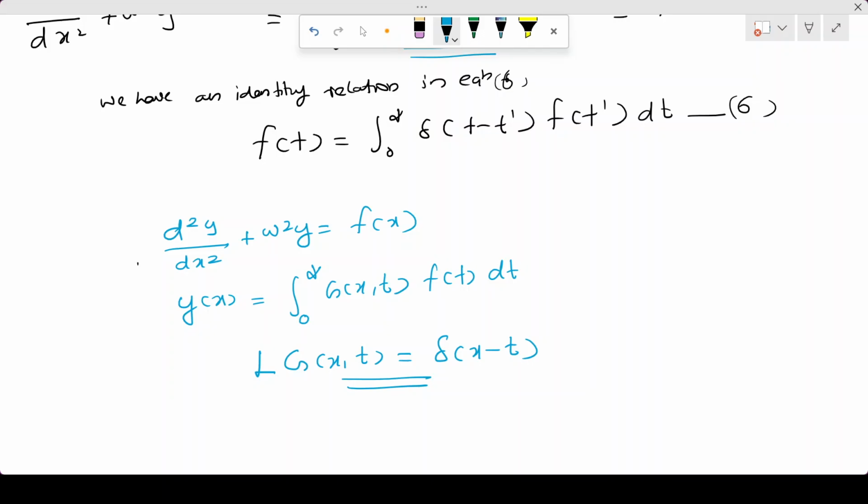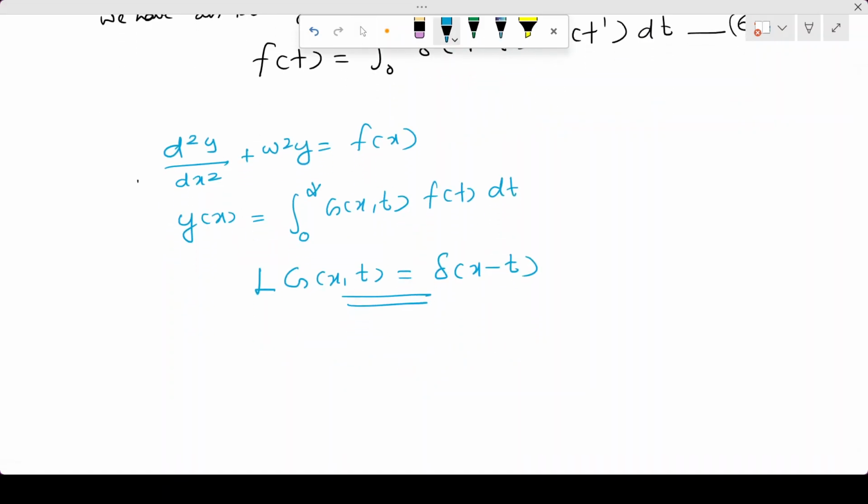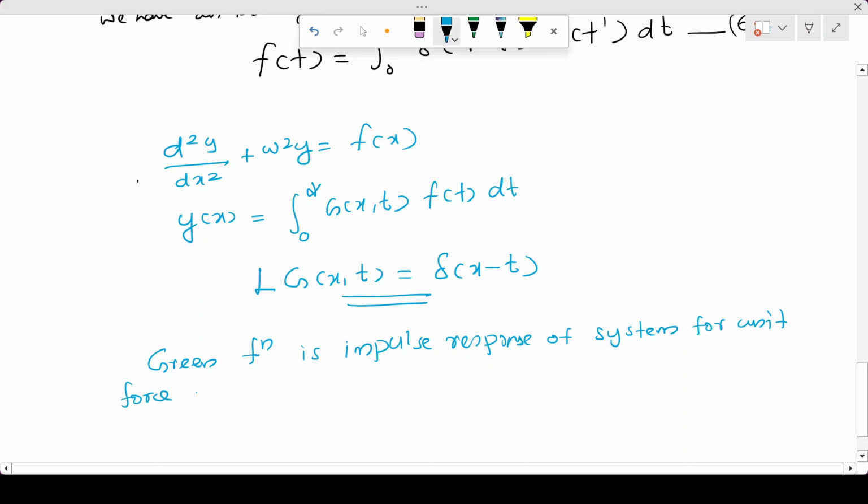And also one point to end this session, that is, Green's function is an impulse response. As you can see, it is an impulse response of a system for a unit force applied.